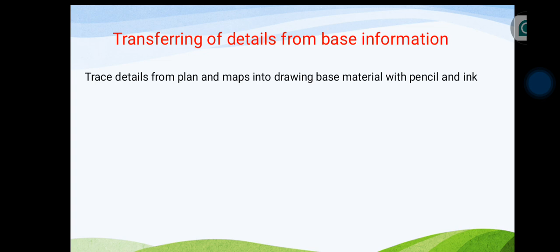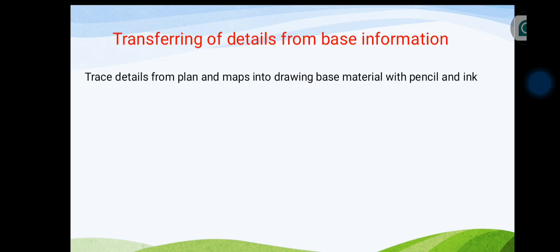You are to produce a map of Oyo East and you have an existing map. The existing map serves as a base map. So what you do, you have that base map.